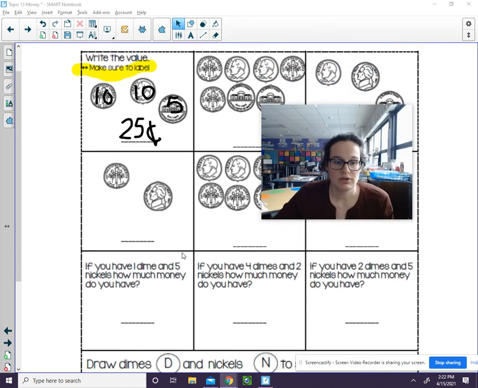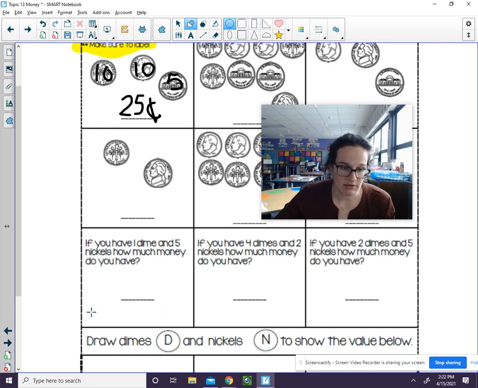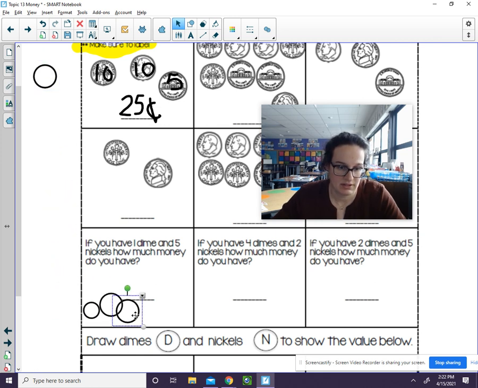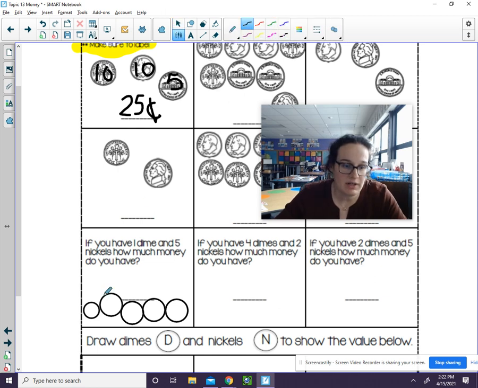You will see then that you also have some problems that are word problems. So if you have 1 dime and 5 nickels, how much money do you have? Draw a picture to represent it if you need to help you count. So there's my dime. Then I have 5 nickels. 1, 2, 3, 4, 5. You know the way we've been writing in these to know what type of coin it is. So this is my dime.